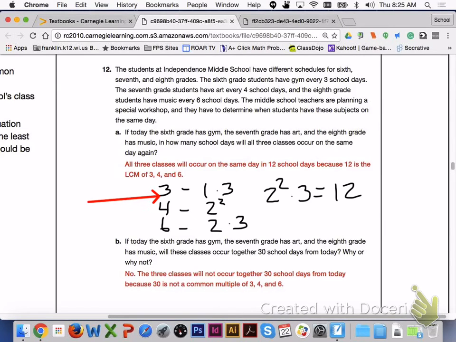Just like in the previous problems, I'm listing the unique prime factors of each number. I'm looking at the greatest power for each of those prime factors, and my product then is the LCM. For letter B, the answer would be no because the 3 classes cannot occur together 30 school days from today because 30 is not a common multiple of 3, 4, and 6.